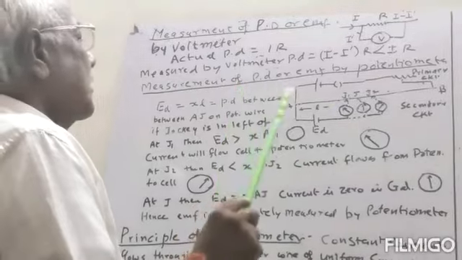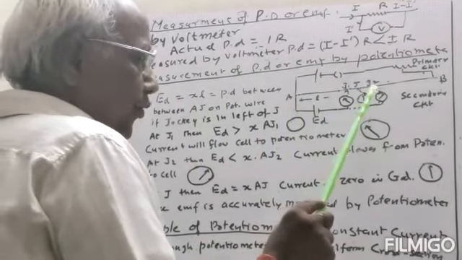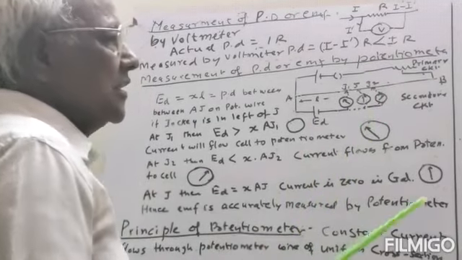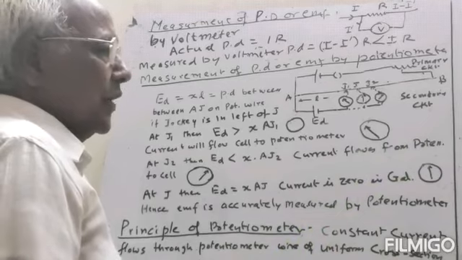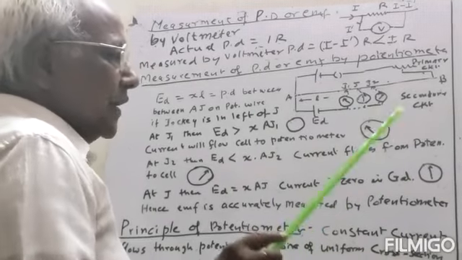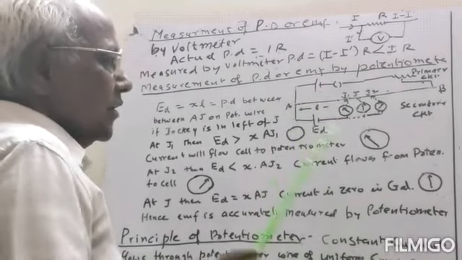Now, we know that the potentiometer is nothing but a variable potential divider. The potential will depend upon the length of the wire.